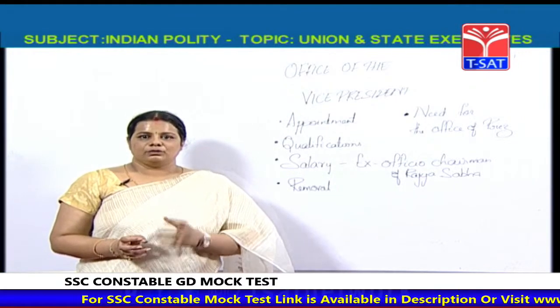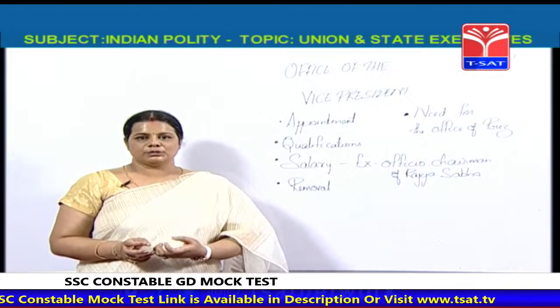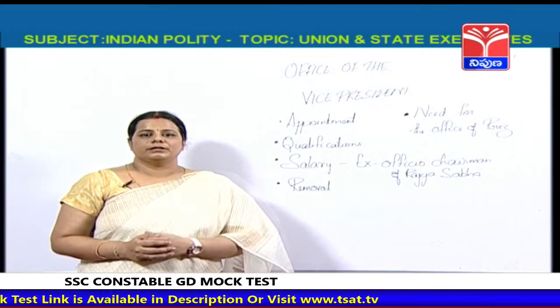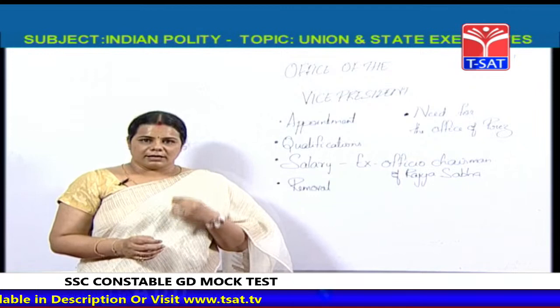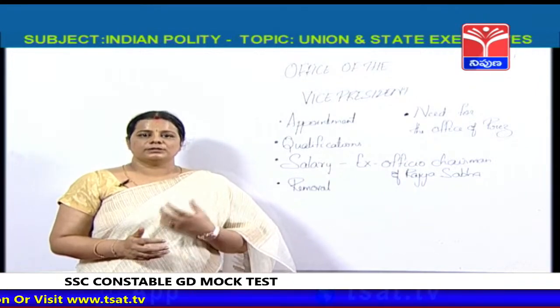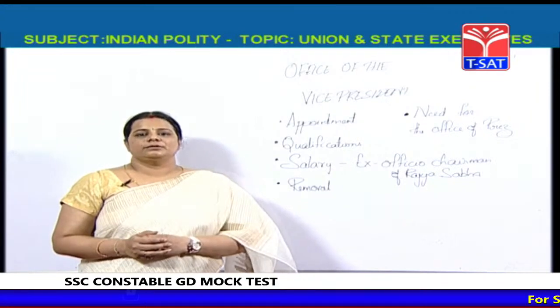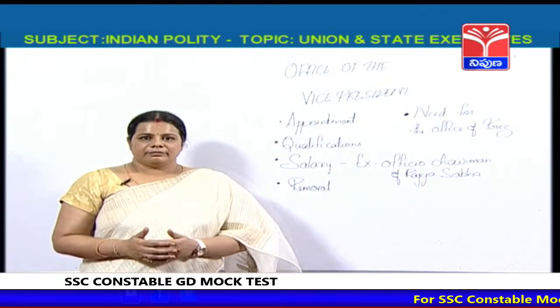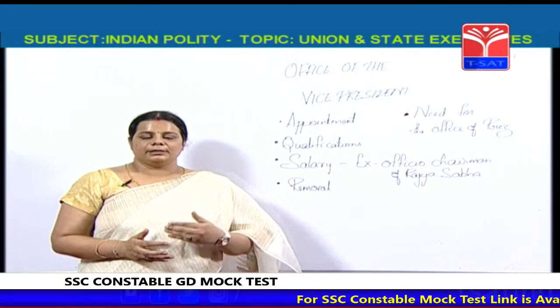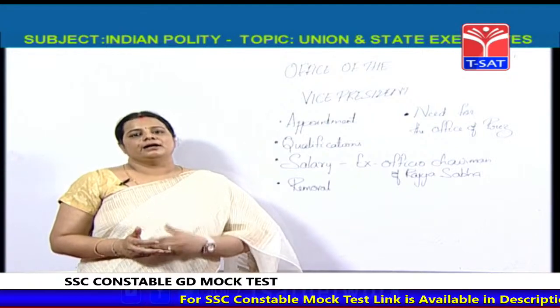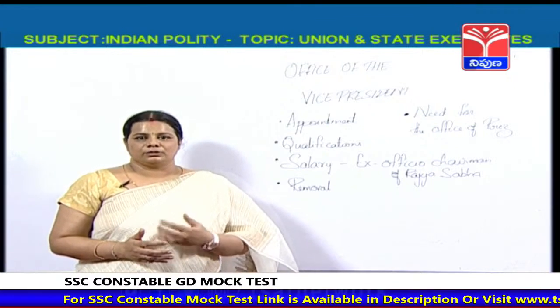Mottam vote chesina vallallo majority vaste, ante 100 members vote cheste 51 will become the simple majority. So Rajya Sabha with effective majority, Lok Sabha with simple majority okkasari pass cheste the Vice President will stand removed. However, Rajya Sabha approve chesindi kani Lok Sabha approve cheyaledu, atlanti situation lo the Vice President will not be removed.